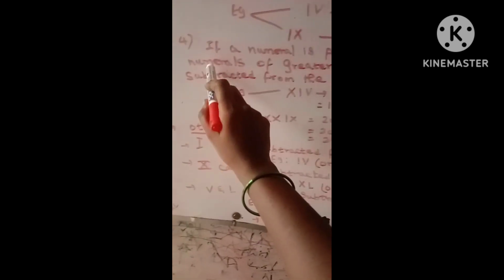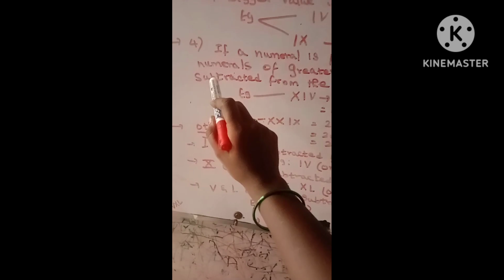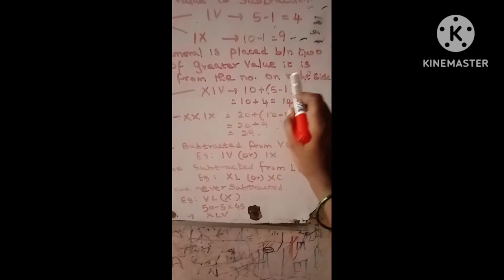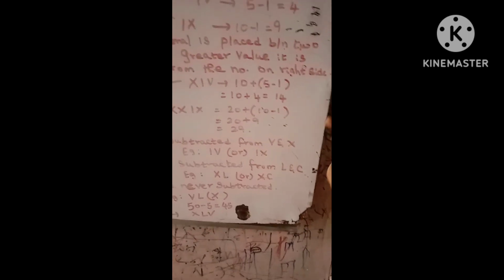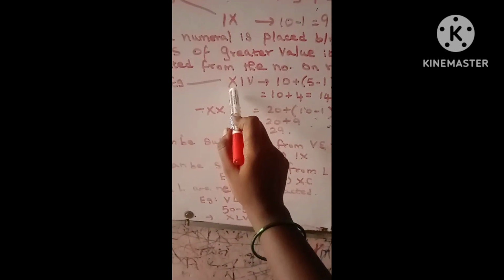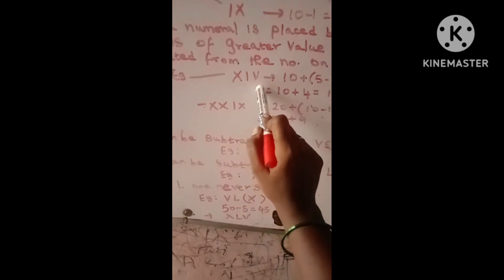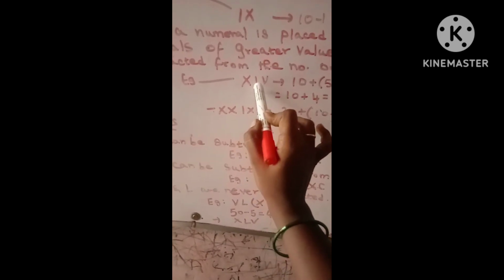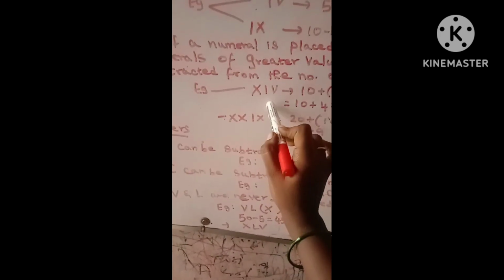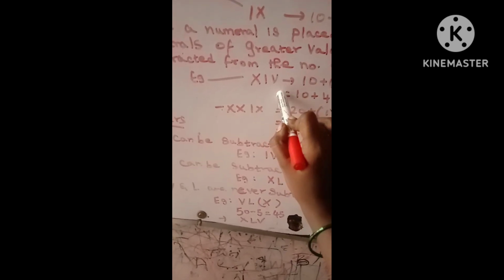Then the last rule is if a numeral is placed between two numerals of greater value, it is subtracted from the number on the right side. Okay, so say for example, here you can see three alphabets: X, I and V. It means X you can keep it separately, and here the smaller number is the I, and the left hand side is also a bigger number, and the right hand side also is a bigger number.